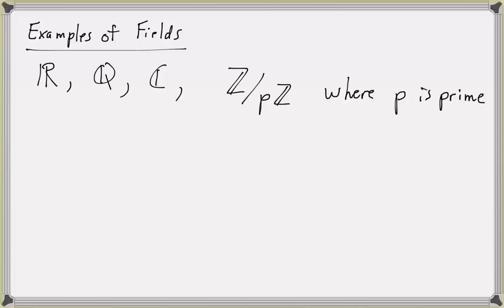In fact, this field of integers mod p is denoted by a bold F sub p, because this is such a common example of a field with a finite number of elements. And if we think back to the integers mod p, since every integer is relatively prime to p, every non-zero element of the integers mod p has a multiplicative inverse, so this forms a field.